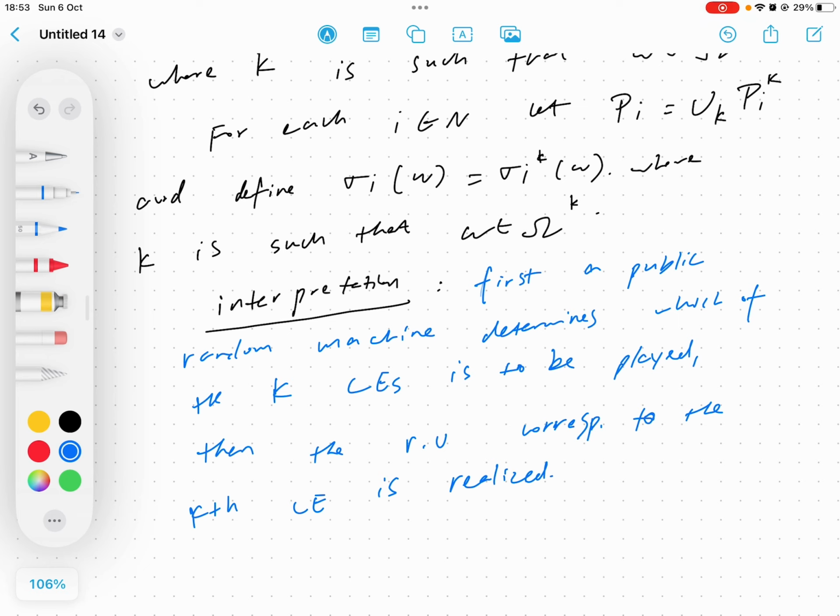That will be a very helpful explanation or interpretation of this proposition, right?